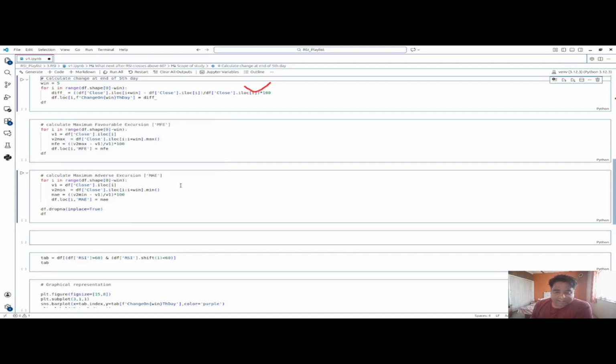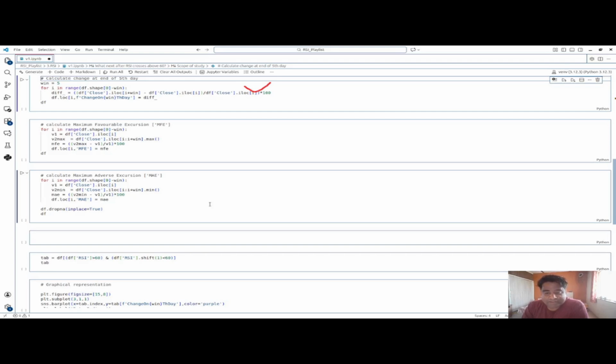Next, maximum adverse excursion. So this is the negative change. Suppose today is day 0. In the next 5 days, today's close will be the reference point. Today's close will be the baseline.